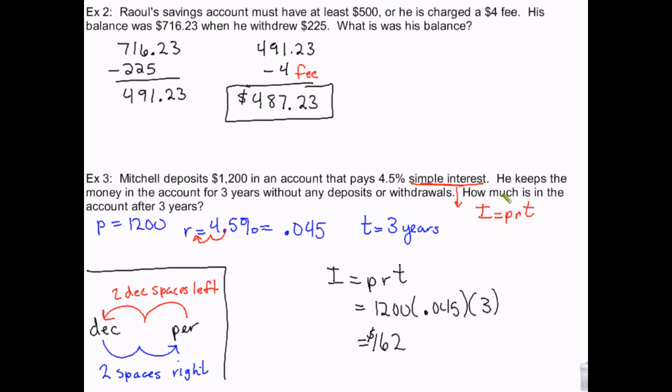The actual question, though, is how much is in the account after 3 years. Our balance is the $1,200 we put in plus the $162 that we earned, or well, that Michael earned. So our balance is $1,362.